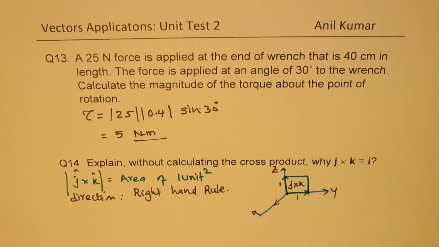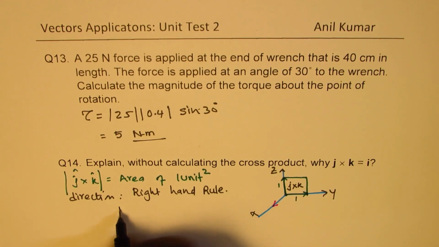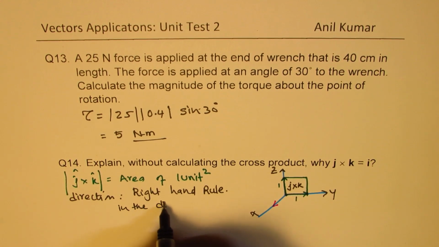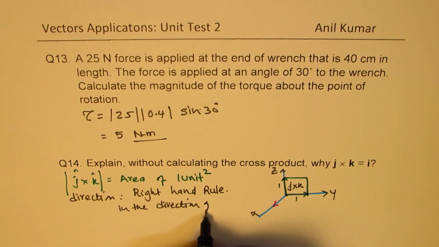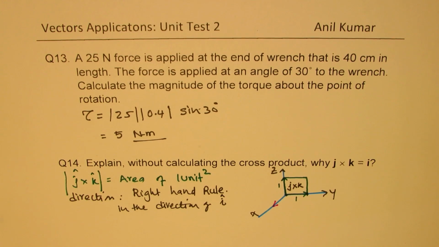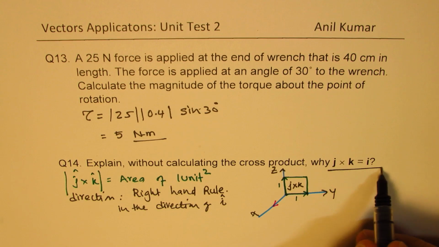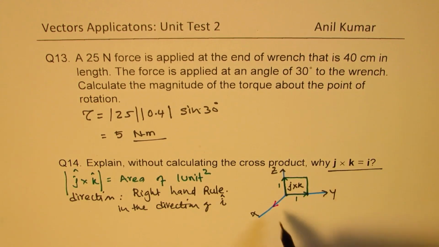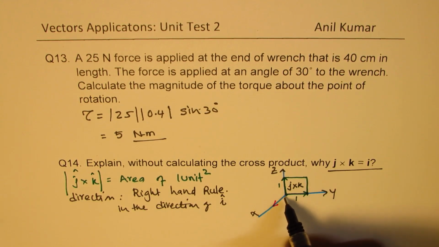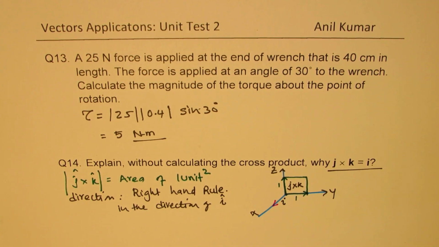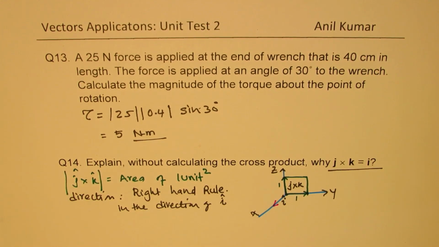So it is going towards the x-axis, right? So direction is the same as unit vector i. Now since the magnitude is also 1, we say j cross k is i. Does it make sense to you? So it is 1 unit in the direction of the x-axis, and therefore this is i. Does that make sense to you? Unit vector i. So that is how you could explain it.